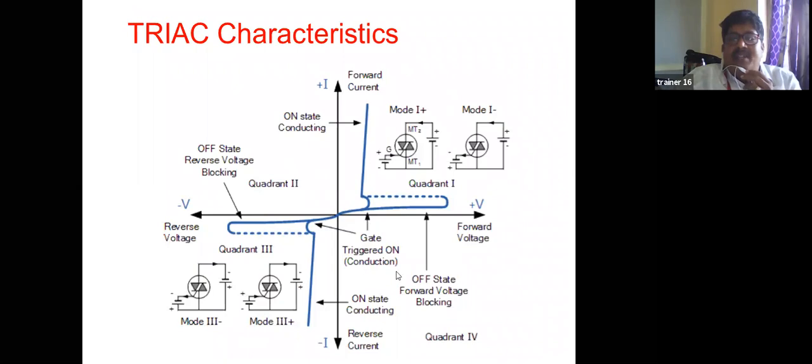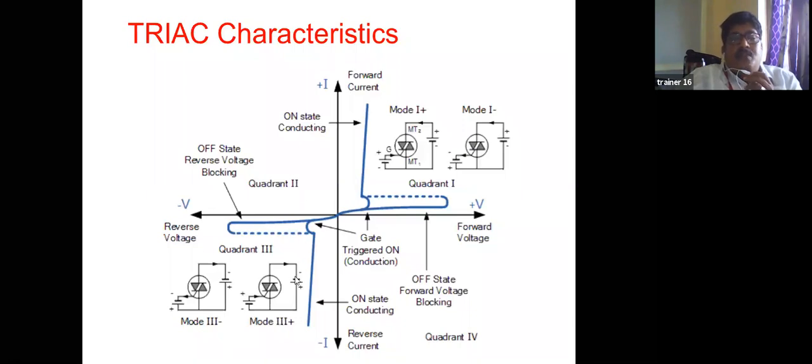If the gate is not triggered on, it is completely in the off condition. There is no supply of current. When the gate is triggered on, the current increases. This is the on state. If the gate is not triggered on, it is in the off state.